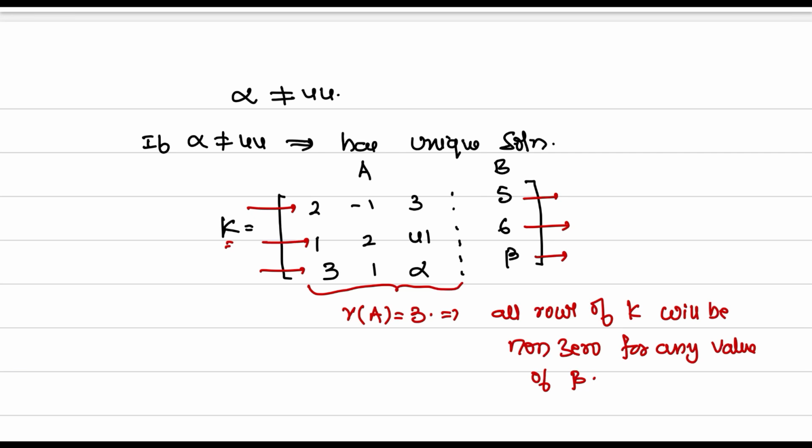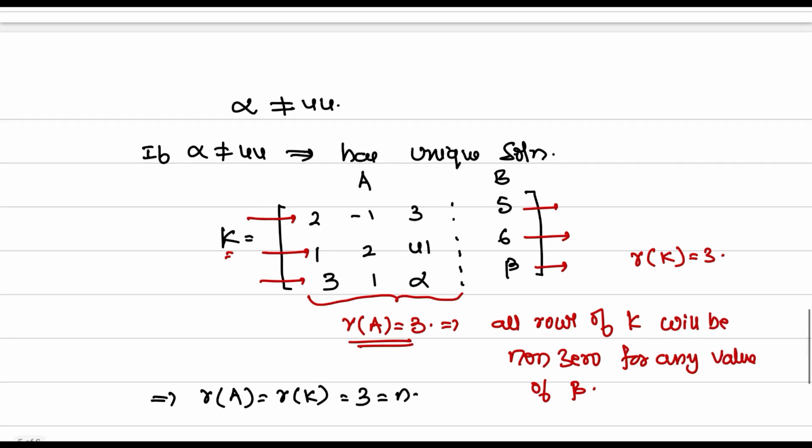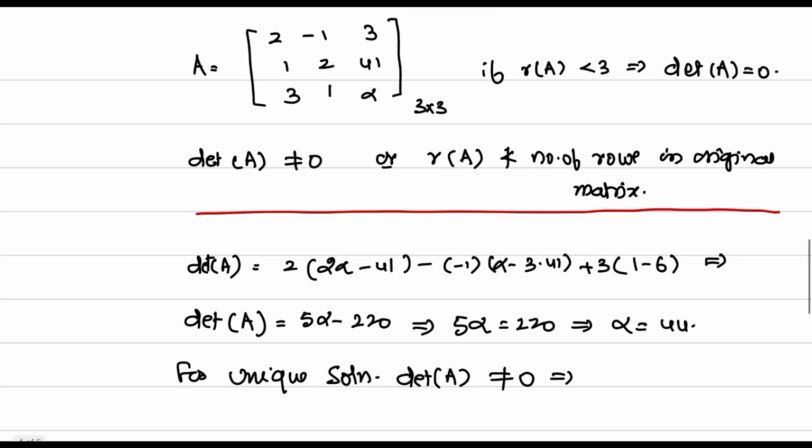It will be non-zero only. Hence, rank of K is also 3. It implies rank of A is equal to rank of K is equal to 3 is equal to n, that is number of variables.